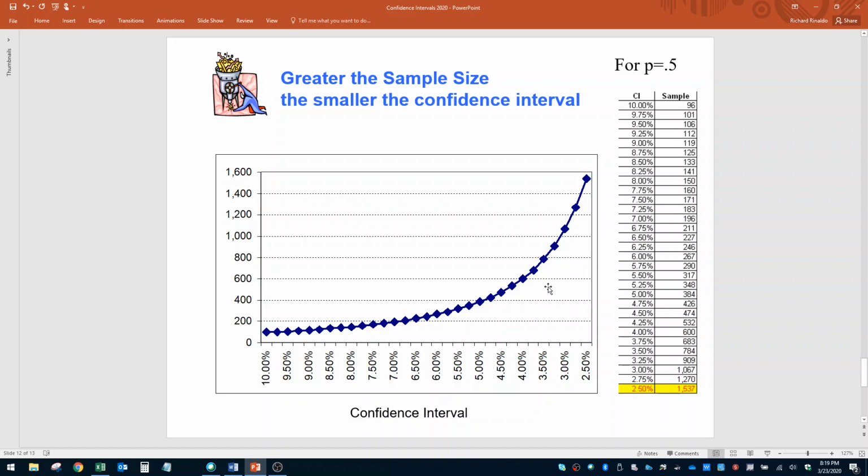To get to roughly 3.25% means about 900. But if I want to go down to plus or minus 2.5%, I need a sample size of almost 1,600. So I basically have to increase my sample from 900 to 1,500 to shave off 1 percentage point in my confidence interval.